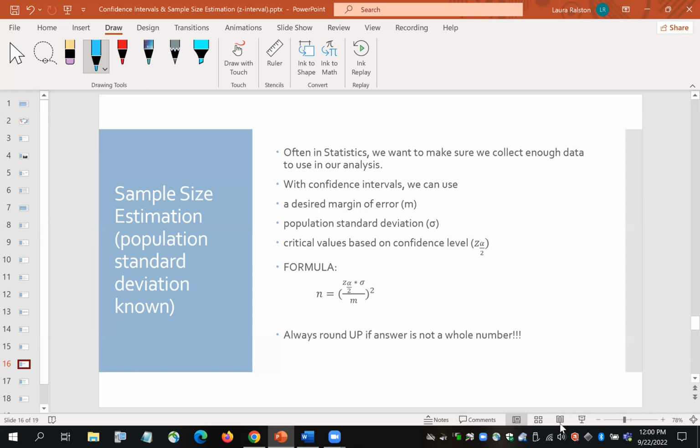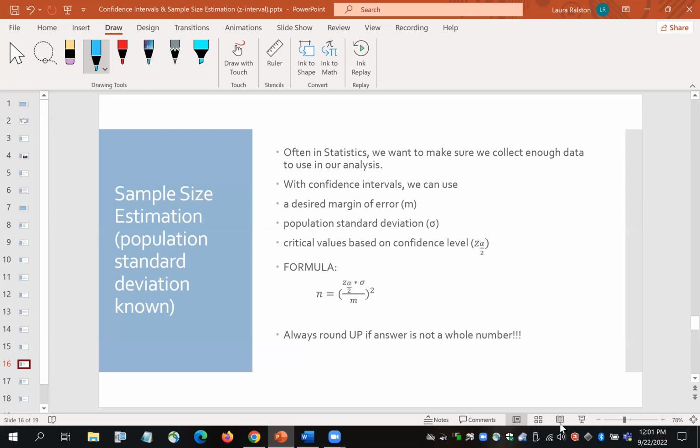And again, Minitab doesn't calculate this sample size estimate. I've given you the formula. The sample size equals your critical value times the standard deviation divided by the margin of error, and then that whole quantity is squared.